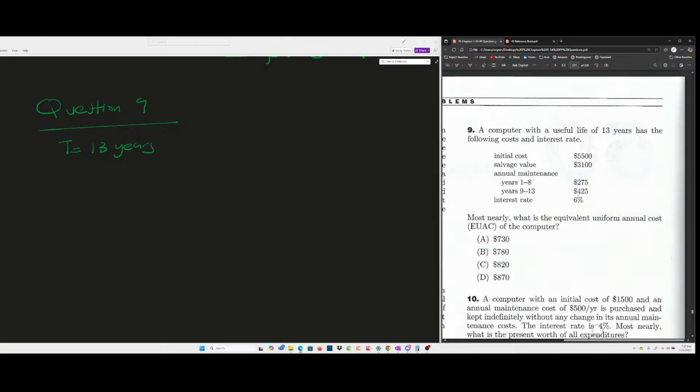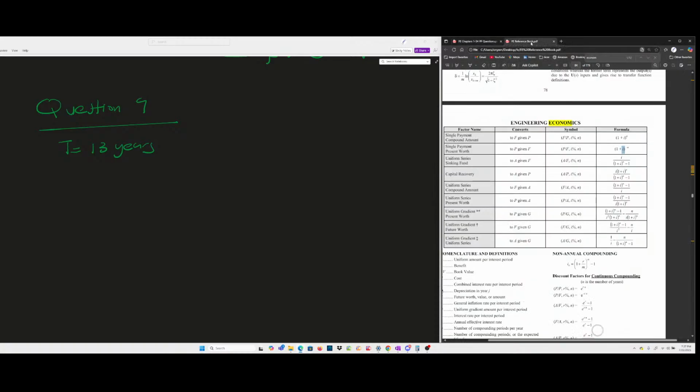So how are we going to do this? Go to our engineering economics. Remember, we're not dealing with costs here. In this problem, we have the cost of maintenance and we're trying to get the future maintenance. So this is a bit tricky compared to what I've been doing before.